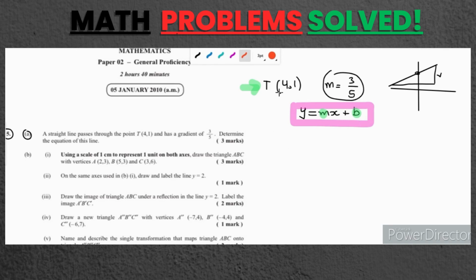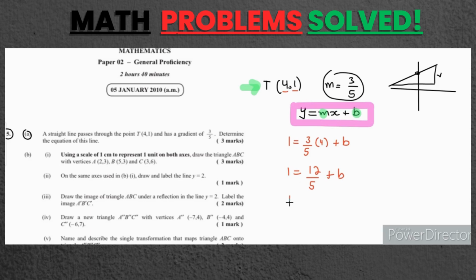So how will we use it? The x coordinate is 4 and the y coordinate is 1. So instead of y we will write 1, instead of the gradient we write 3/5, and instead of x we write 4, plus b, right? So it becomes 1 = 3 times 4, which is 12/5, plus b.